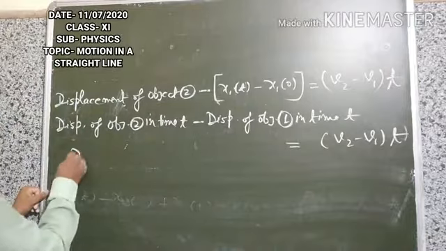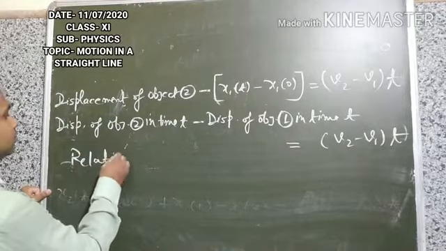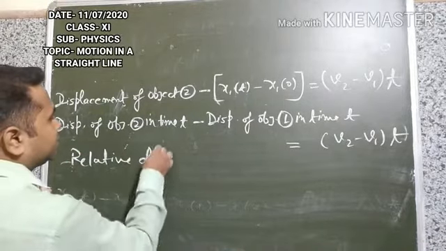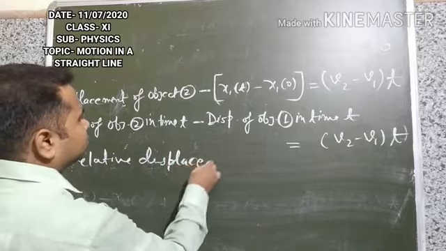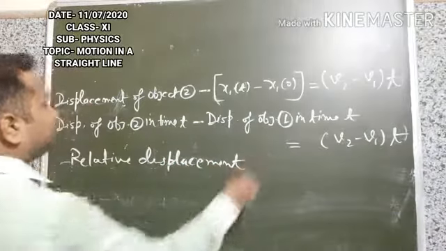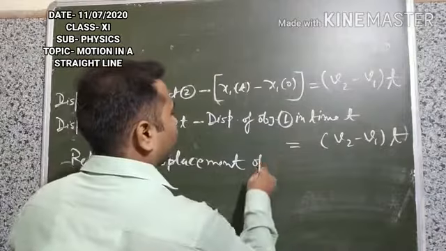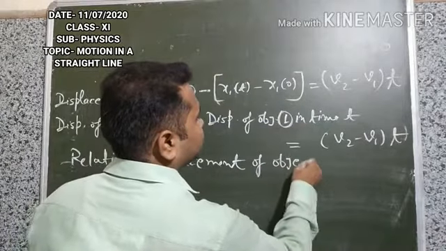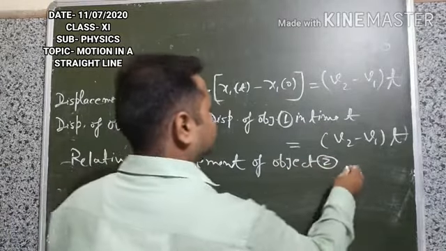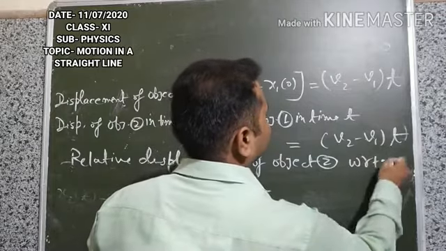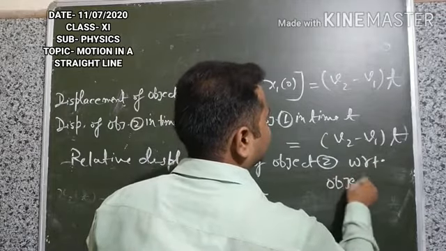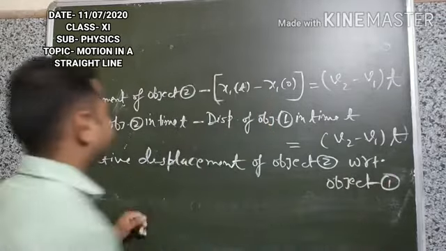So here, relative displacement of object 2 with respect to object 1.